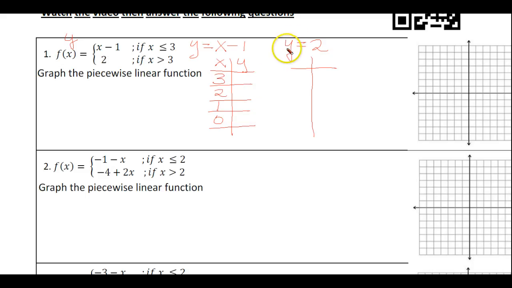And for this one, if you note what this equation is, this is an equation of a horizontal line. So y is always going to be 2. But here they're saying x is greater than 3.